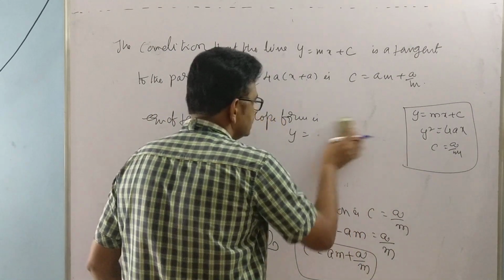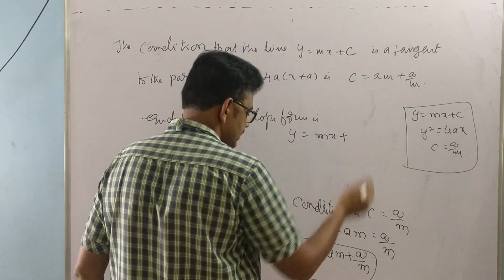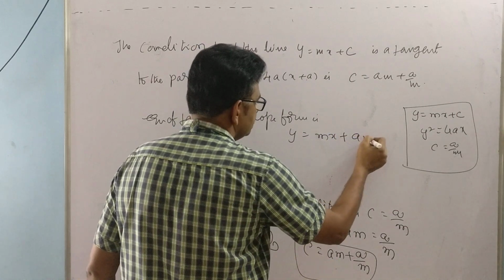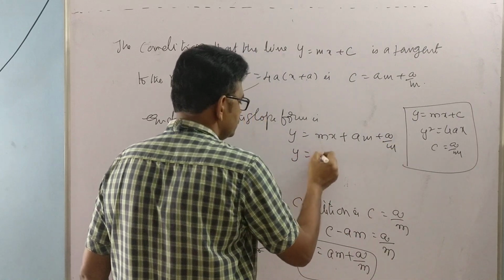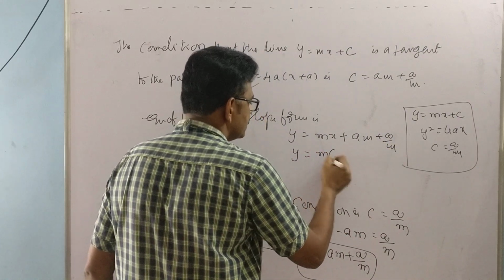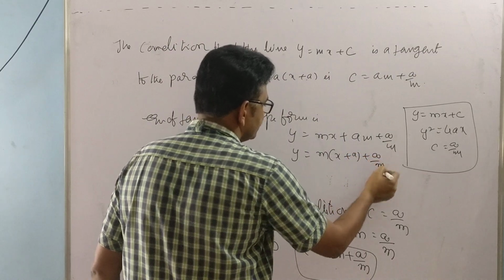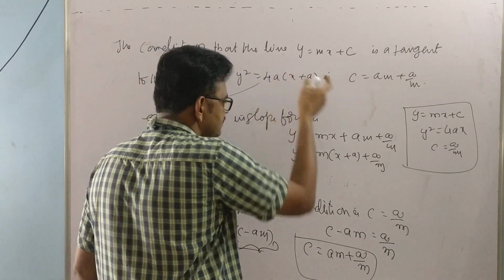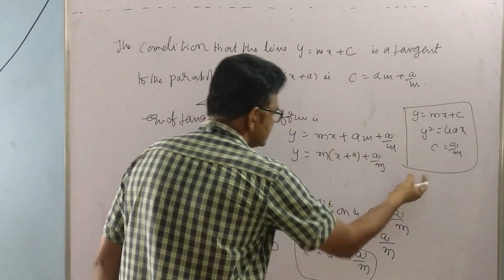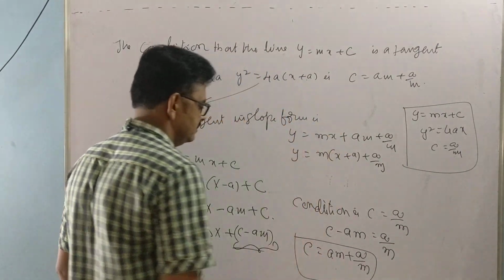Or see here, y is equal to mx plus c, where c is am plus a by m. That is y is equal to m, which is common, into x plus a by m. Simply, for y square equal to 4ax, it is y equal to mx plus a by m. If it is x minus a, there you can write x minus a.